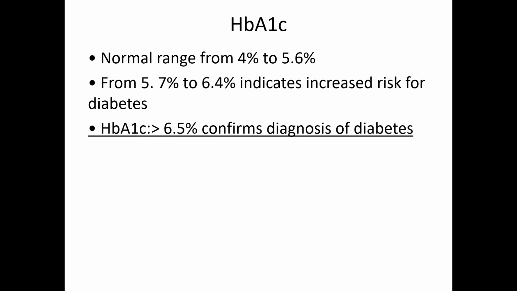That is normal. If it is between 5.7% to 6.4%, it indicates increased risk for diabetes mellitus, and values above 6.5% confirm the diagnosis of diabetes. So this is not only of diagnostic value, but also important in monitoring confirmed cases of diabetes.